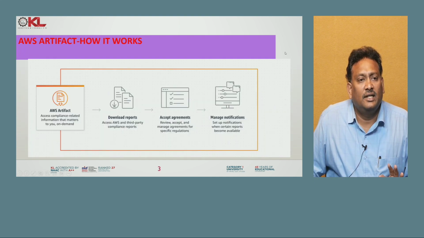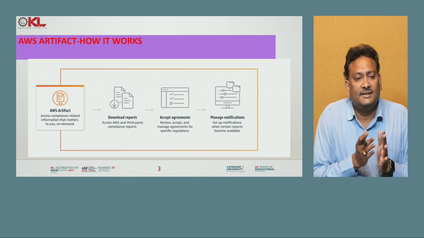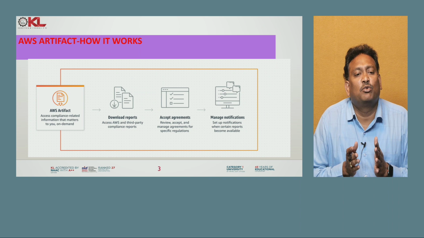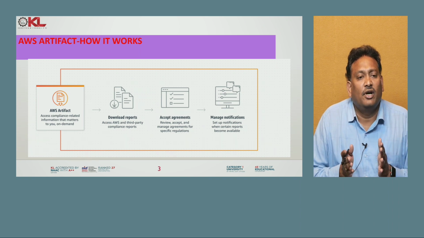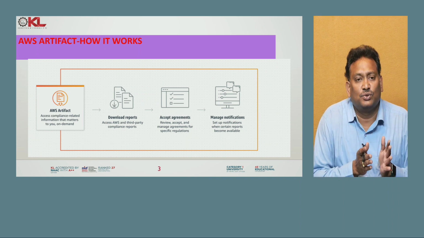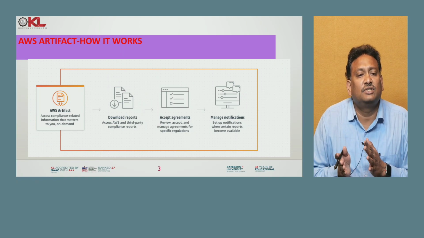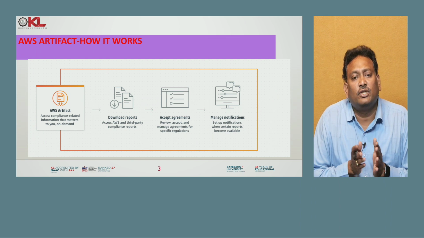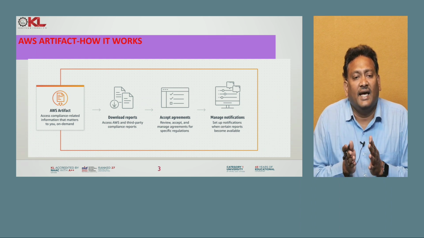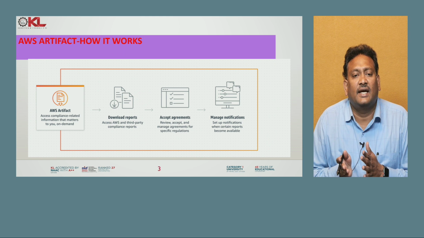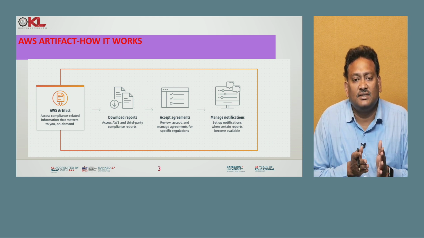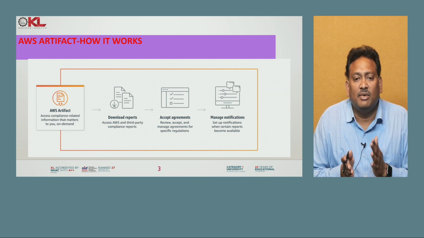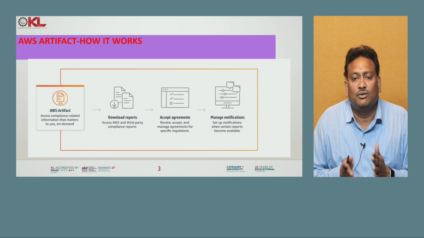So how does AWS Artifact work? In AWS Artifact, you access compliance-related information about the organization. For example, if you want to know about the entire organization's standards, rules, regulations and policies, we can use this service, AWS Artifact, and download reports. Reports give access to AWS and third-party compliance reports. You can also accept agreements: review, accept and manage agreements for specific regulations.